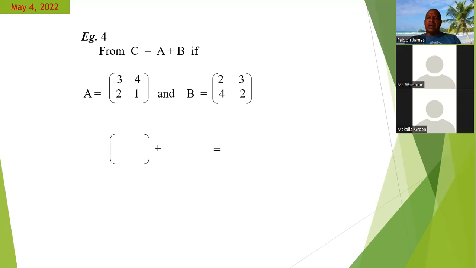And so when we are adding them, we add their corresponding elements. So we have 3 plus 2 gives you 5, 4 plus 3 gives you 7, 2 plus 4 gives you 6, and 1 plus 2 gives you 3. So pretty straightforward.